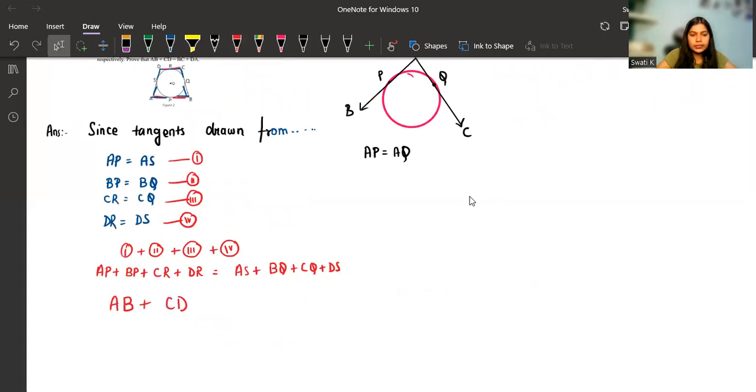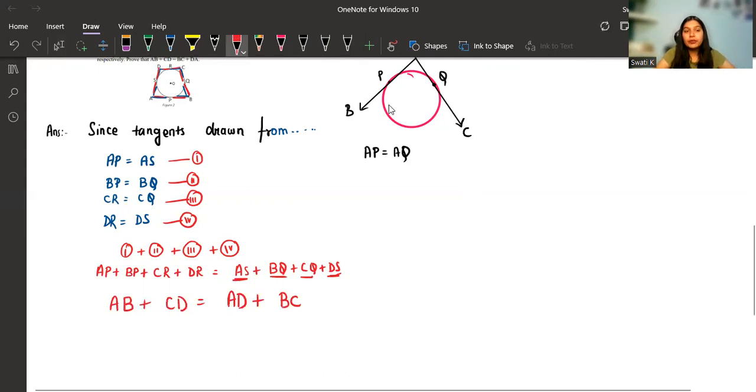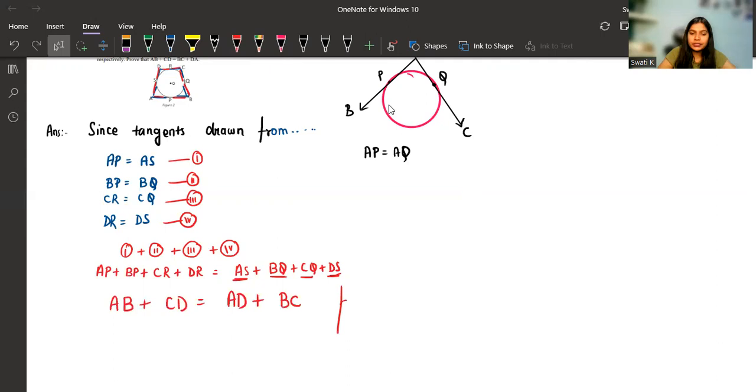So AB plus CD. Now we have AS plus DS, which is nothing but AD. Next, BQ plus CQ is nothing but BC. And this is what we wanted to prove: AB plus CD equals BC plus DA, and we have proved it.